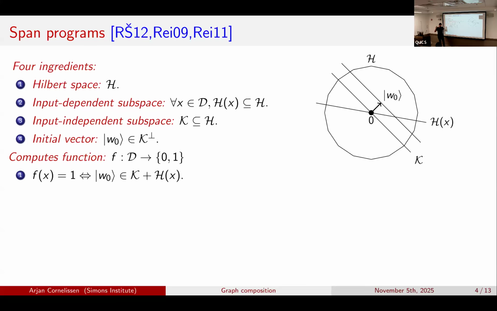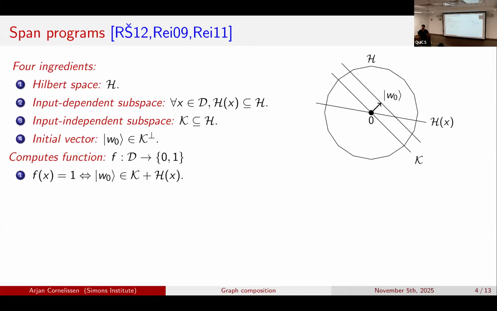So this is the definition of this function f that the span program computes. If we look at this picture, you can see that we are in the positive case, because we can take a vector from h of x and a vector from K, and if we add both of those together, we end up at W0.